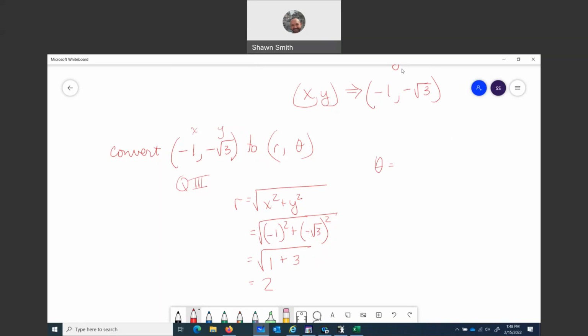Theta. That is the inverse tangent of y over x. Negative square root of 3 over negative 1. That's just an inverse tangent of a positive square root of 3. Now, this is where you've got to watch out. Suppose you're like, I don't remember what angles have tangent values square root of 3.